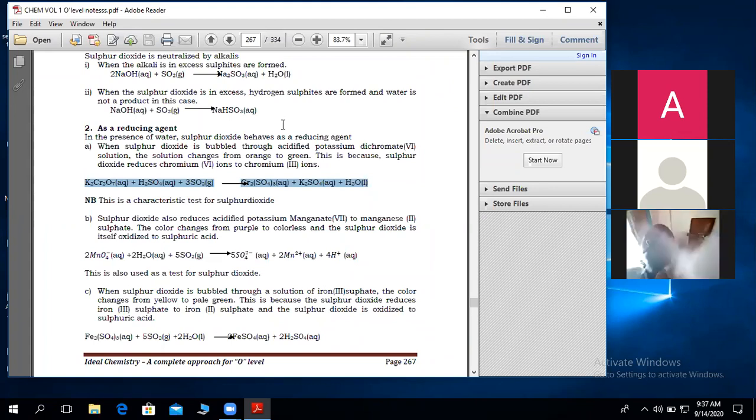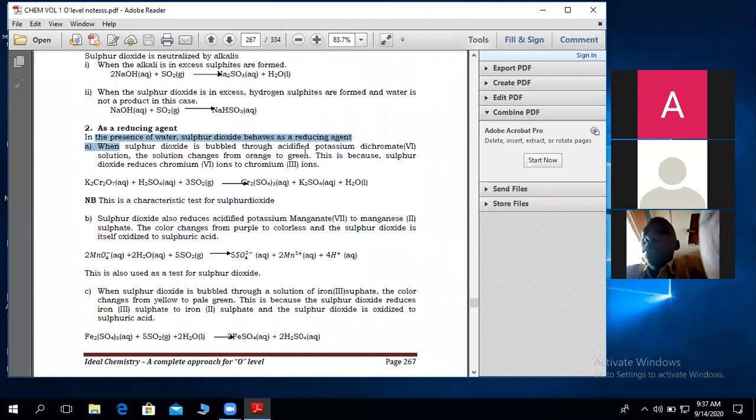The solution changes from orange to green. Potassium permanganate also behaves in the same way, but for it, it changes from purple to colorless. But this is what we use.